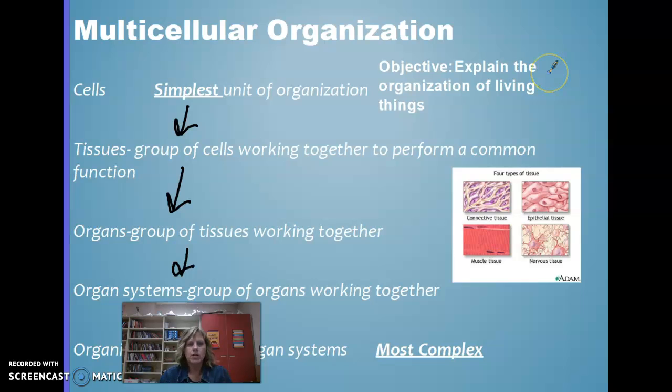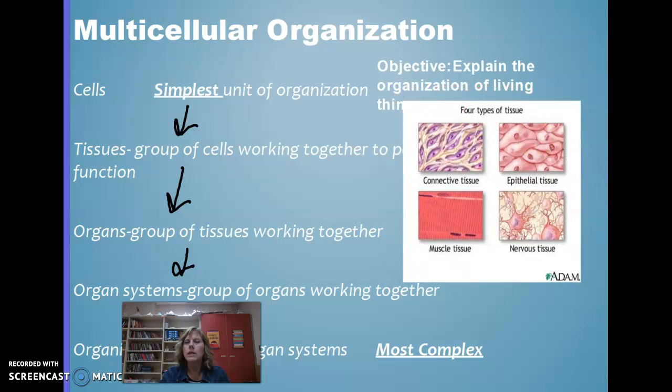Multicellular organization. So cells, we know, are the simplest unit that can be considered living. Cells make up tissues. We have 4 main different types of tissues in our bodies, or in living things, I should say, in general. We have connective tissue, like our ligaments and tendons, epithelial tissue, which is our skin and coverings of internal organs.